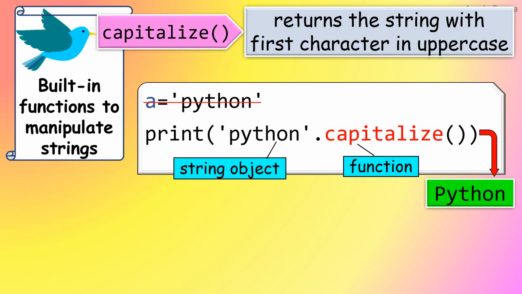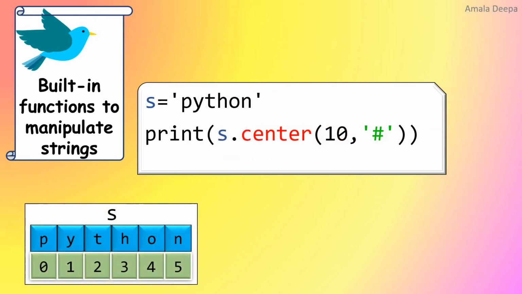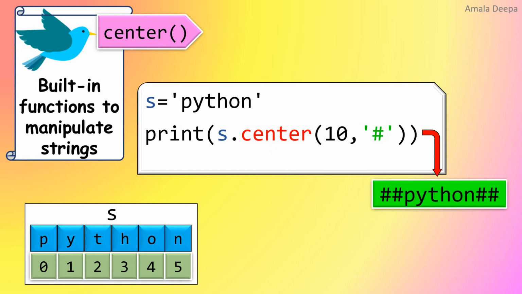We will move on to the next function, which is the center function. s is equal to Python. Print s.center(10, '#'). Look at the output. You can guess what is happening here. This center function has centered the string Python, the string stored in s, with a total width of 10.